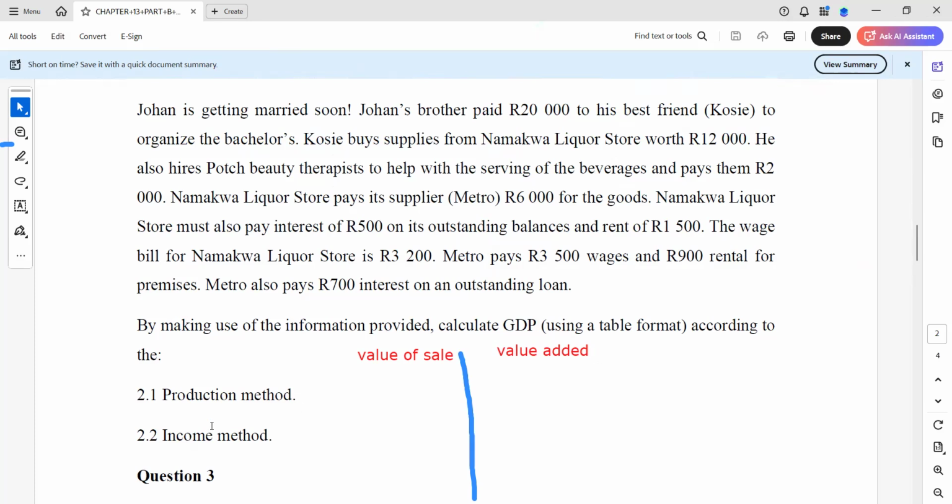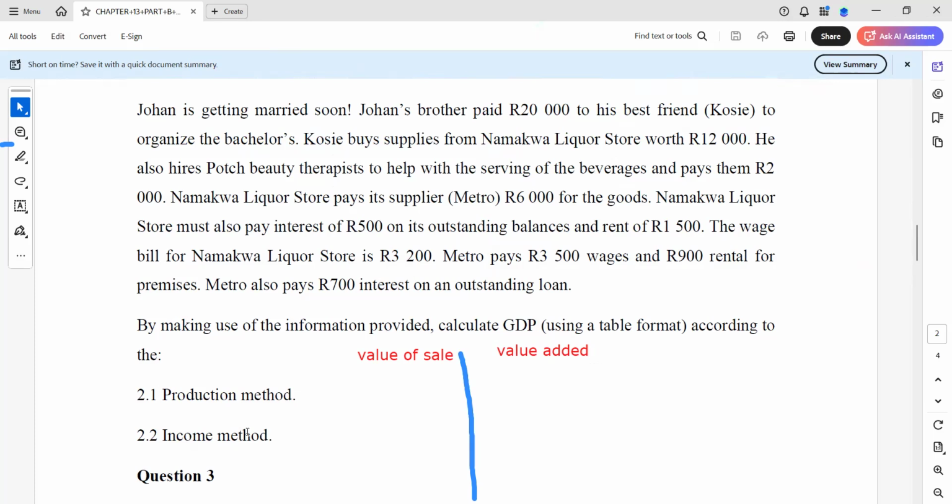So in using the production method, now we need to read the scenario and find out when they buy or sell goods, right? Obviously, that will go under the production method. And anything that has to do with the remuneration for the factors of production will go under the income method, right? Remuneration for the factors of production are like your interest, your rent.